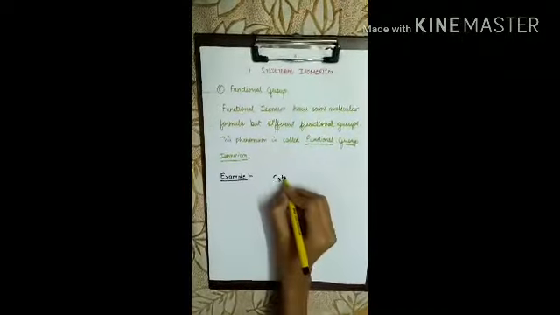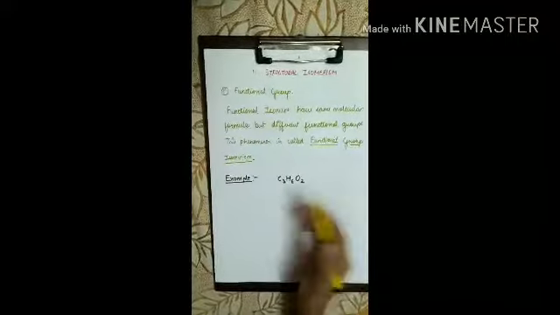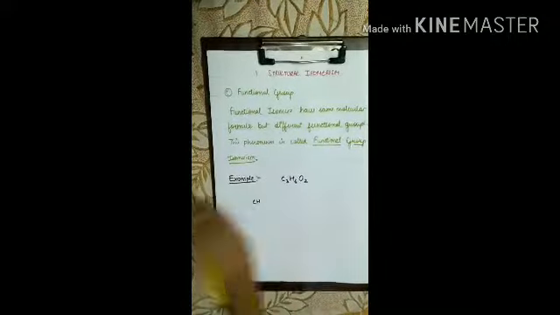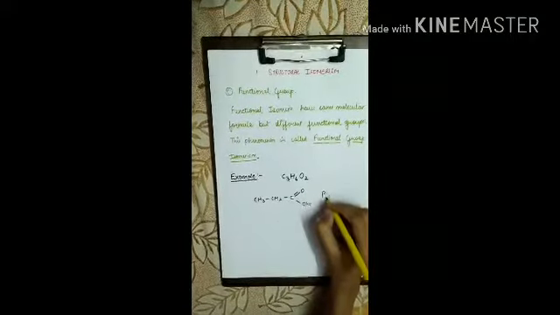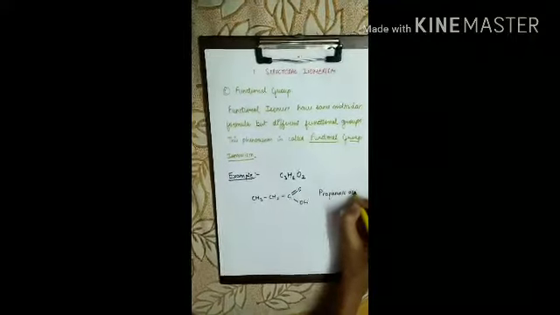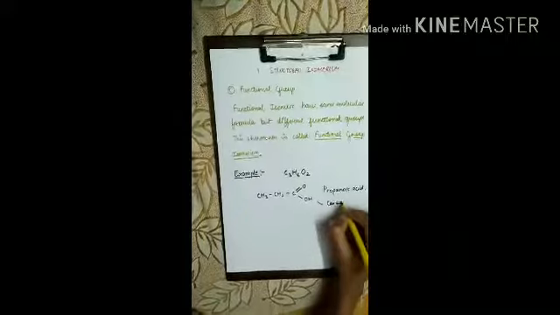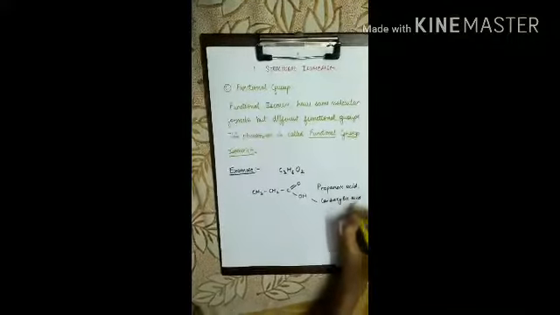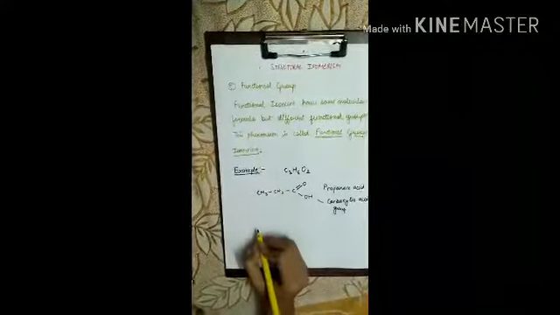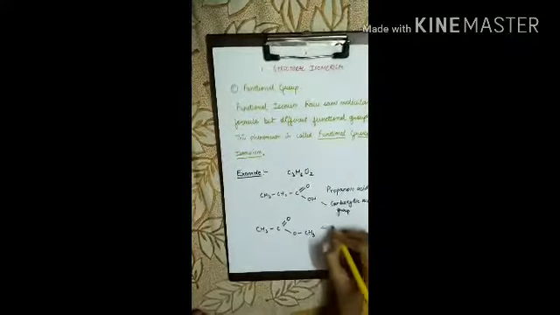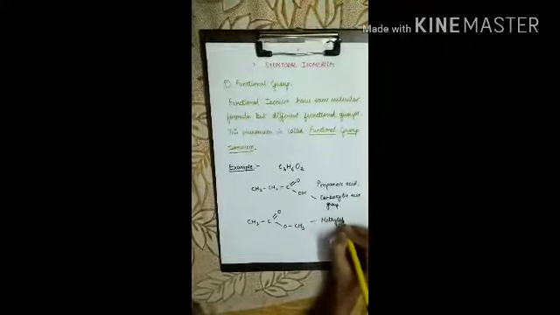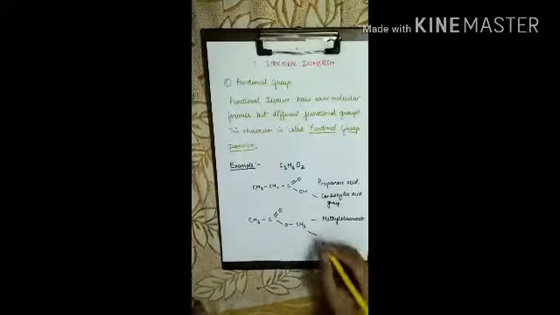Let's take the example of functional group isomerism, that is C3H6O2. The first isomer can be propanoic acid, in which the functional group is carboxylic acid, whereas the second isomer, methyl ethanoate, has the functional group ester. The formula is the same for both, but the functional group is different.